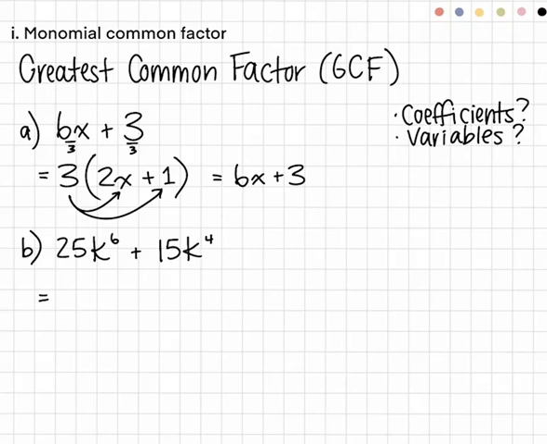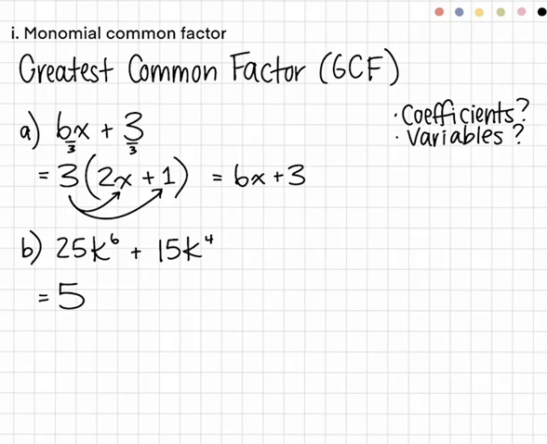So I'm trying to pull out something that they have in common, but the greatest something they have in common, the greatest common factor. So let's start with my coefficients. 25 and 15, what is my greatest common factor? That means, what is the biggest number that can go into 25 and 15? Well, that number is 5.